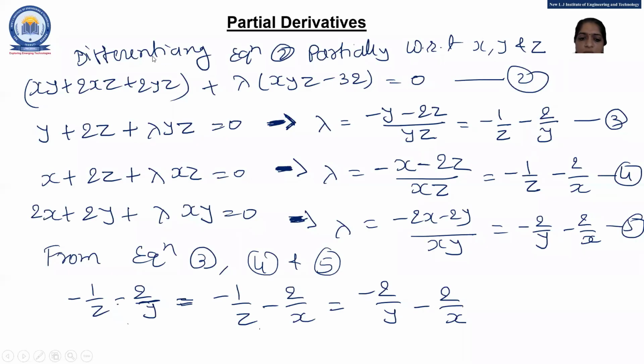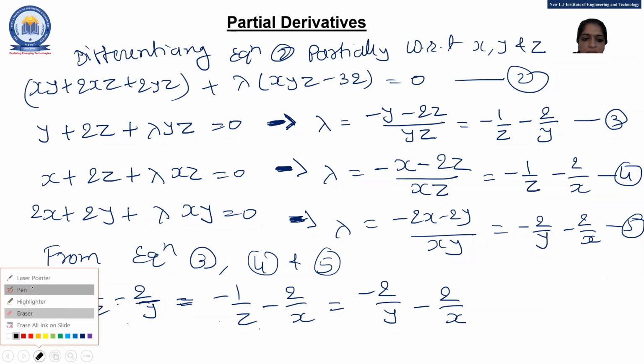See students carefully, both minus 1 upon z will be cancelled out. The remaining term is minus 2 upon y is equal to minus 2 upon x. So by equating both the sides, x is equal to y, right? So any doubt for x equal to y answer?